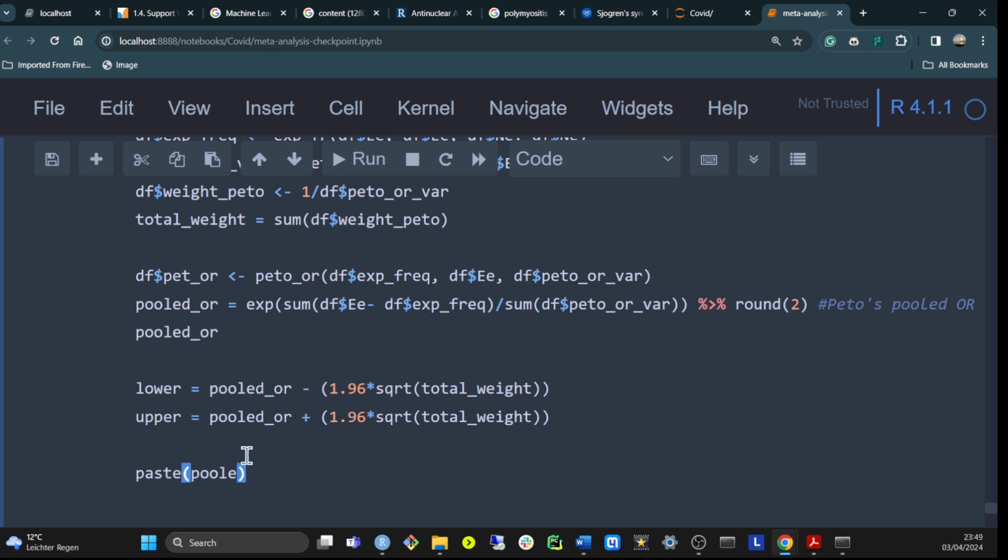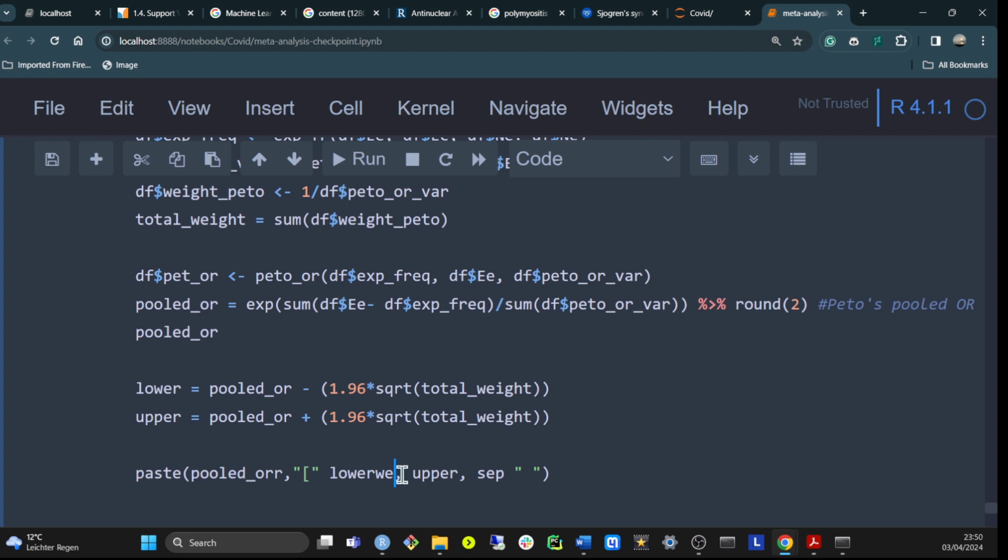Haenszel method. So using the Mantel-Haenszel method, we get a pooled odds ratio of 1.32, but using the Peto method, it's 1.35. So it's a little bit overestimating it. And then the 95% confidence interval was 1.1 and then 1.59. Here the intervals are also a little bit bigger. But if we use the metagen function, using the package, of course with the rounding error, we get slightly different results.